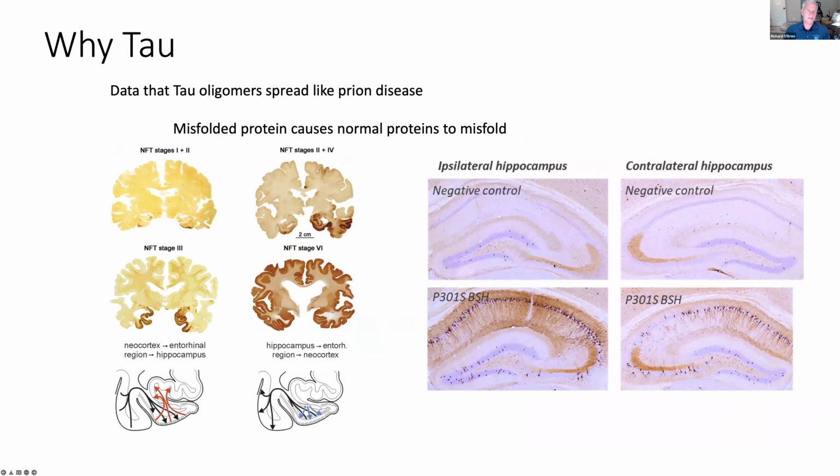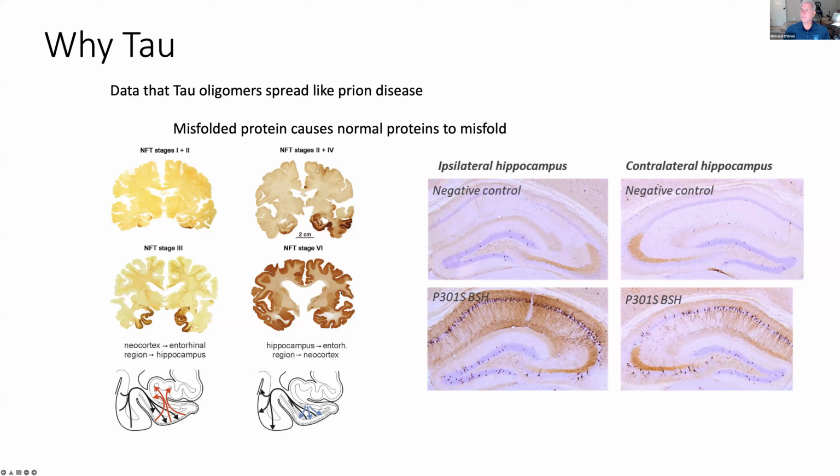And with tau, if you look at the brains of patients who die of Alzheimer's disease, amyloid occurs everywhere at pretty much the same time. There's no evidence that it really spreads. Whereas tau really spreads. It starts in the medial temporal lobes, starts spreading around the temporal lobe, and then moves up into the parietal cortex and pretty much is everywhere.